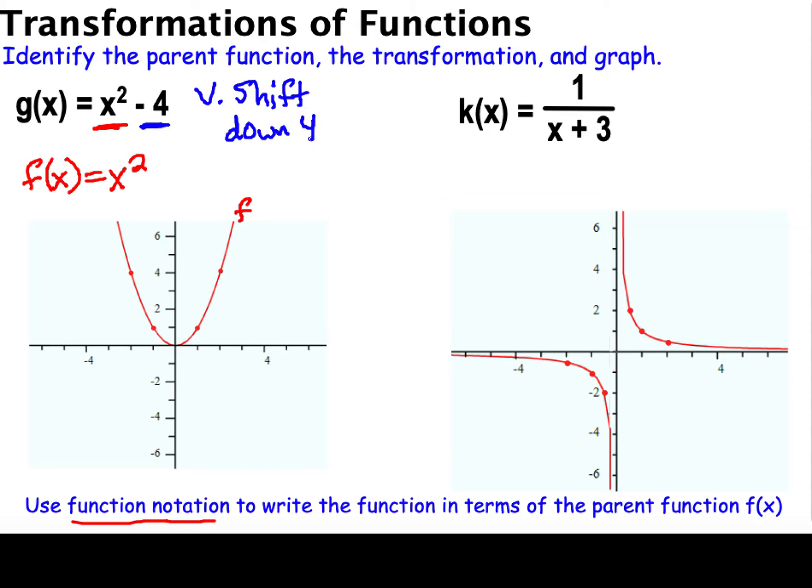So what I would do is go down to my graph then. Instead of 0, 0, I'm going to go down to negative 4. So 0, negative 4. 1, 1 is going to become 1, negative 3. 2, 4, again going down 4 units, takes us back down to 0 for the y coordinate. And the same thing happens with the negatives. Negative 1, 1 goes to negative 3, and negative 2 goes again from 4 down to 0.